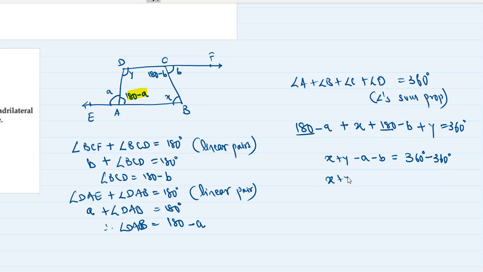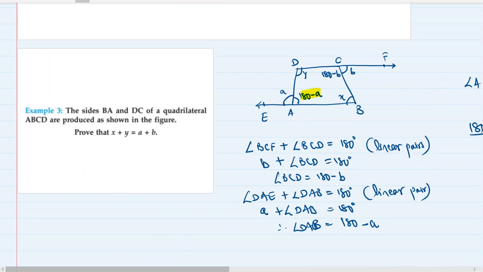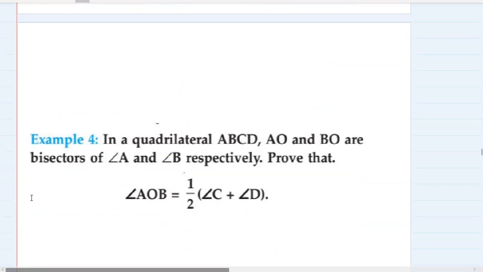So X plus Y minus A minus B is equal to 0, or X plus Y is equal to A plus B. That's what we wanted to prove. Okay, let's go to the next question.